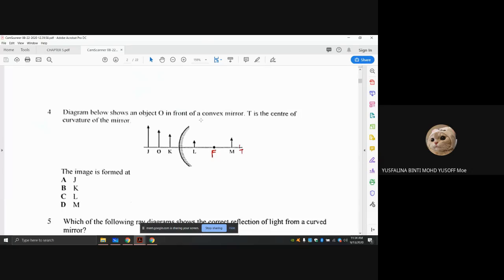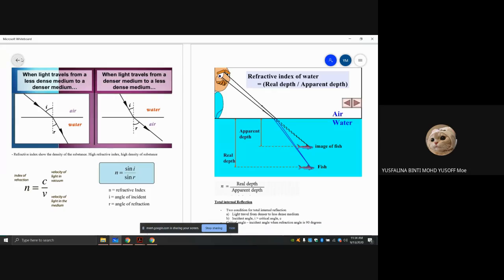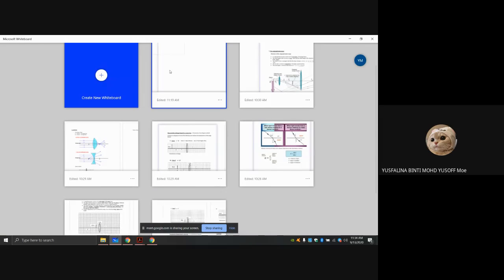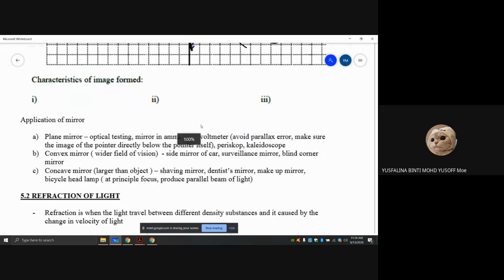The way you draw the image for the convex mirror is always the same. So let's see what we drew before for the convex mirror. Think here, right?